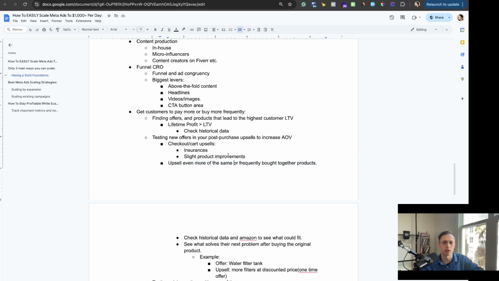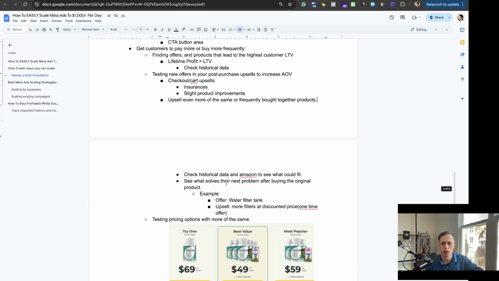So let's say you sell supplements, you can sell more supplements to them after they buy, or you can sell some frequently bought together products, right? And again, you can check your historical data. You can check Amazon to see what could fit in there, what people buy together. So you can sell them something that solves their next problem after buying the original product.